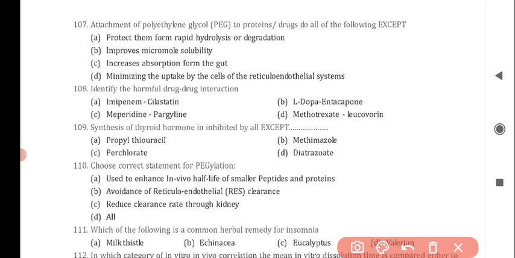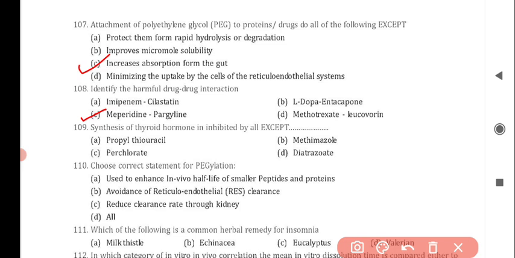Next question is, attachment of polyethylene glycol to proteins or drugs does all of the following except, and the correct answer is option C, increases absorption from the gut. Next question is, identify the harmful drug-drug interaction, and the correct answer is option C, meperidine and pargyline.